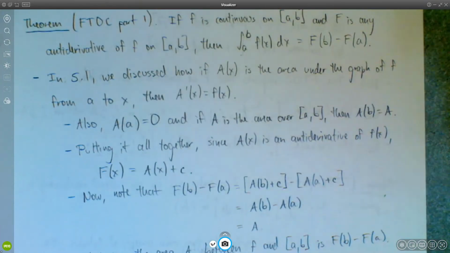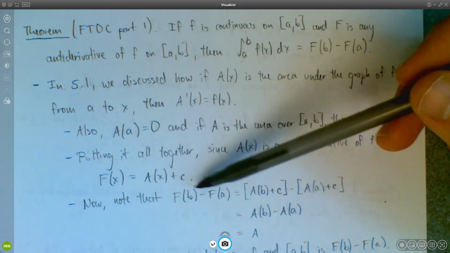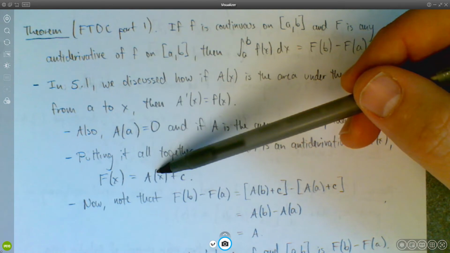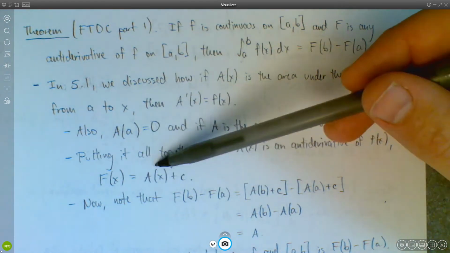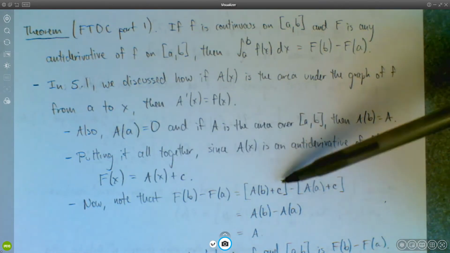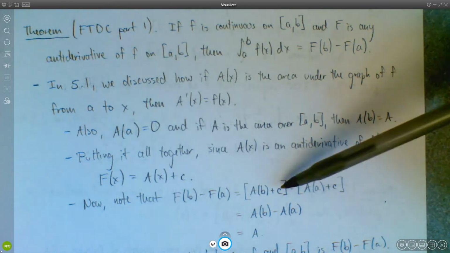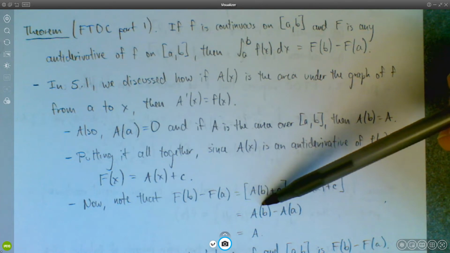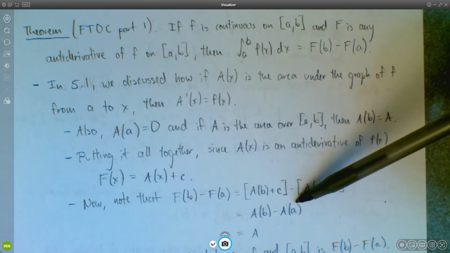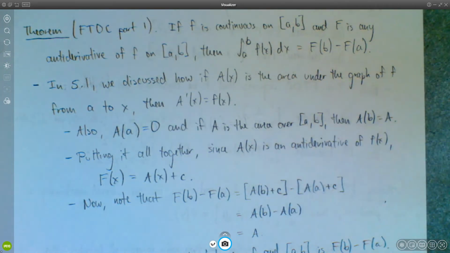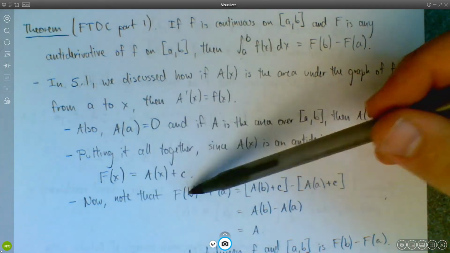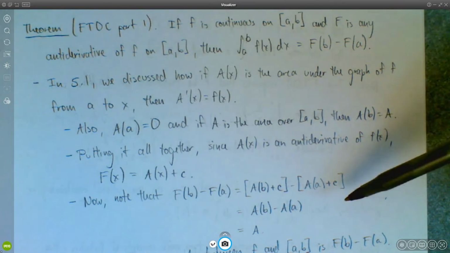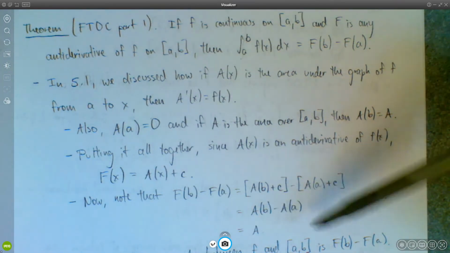Now, note that capital F of b minus capital F of a is going to be A of b plus c minus A of a plus c. And the constants will cancel off, since c minus c is just 0. And A of b is A, A of a is 0, and A minus 0 is just A. So F of b minus F of a is the area under f of x between a and b.